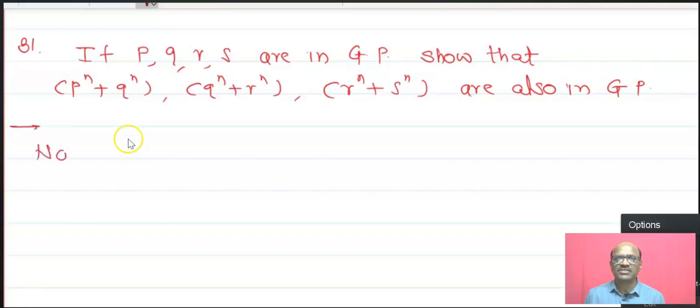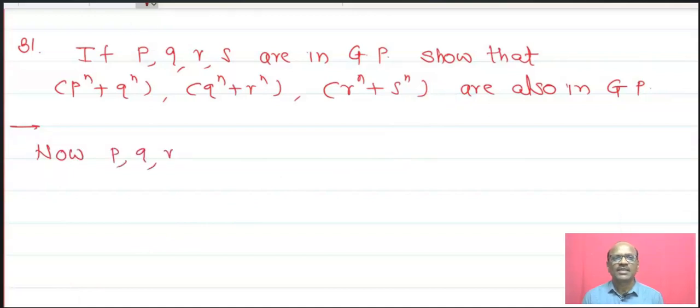That is, now see this here, p, q, r, s are in GP. Then p raised to n plus q raised to n, q raised to n plus r raised to n, r raised to n plus s raised to n are also in GP.